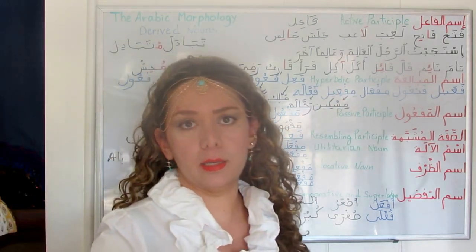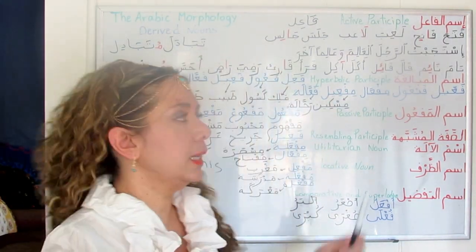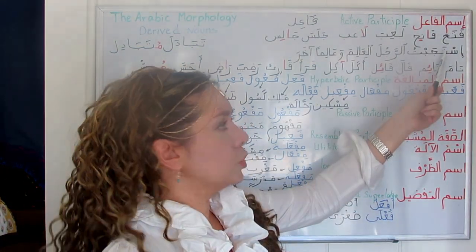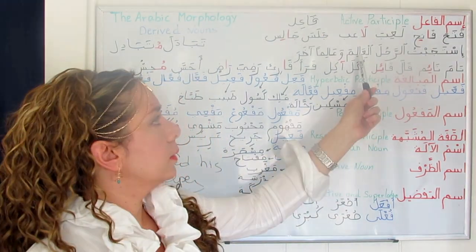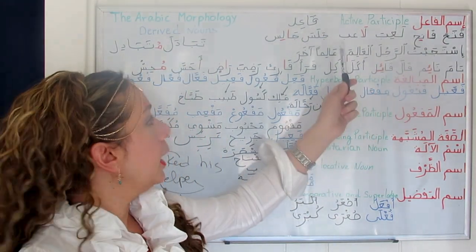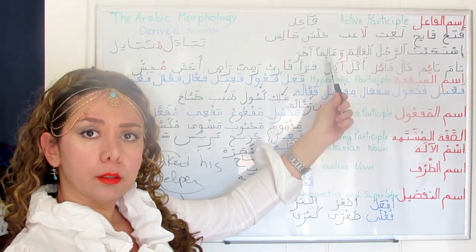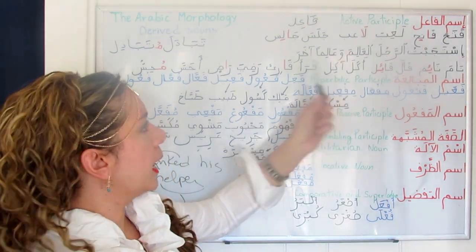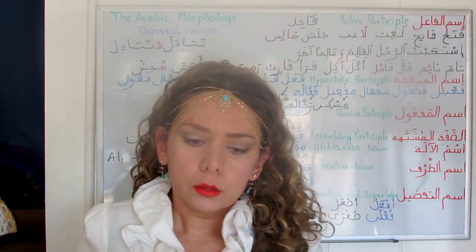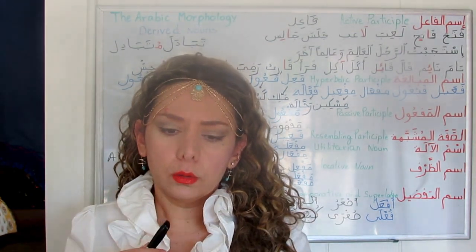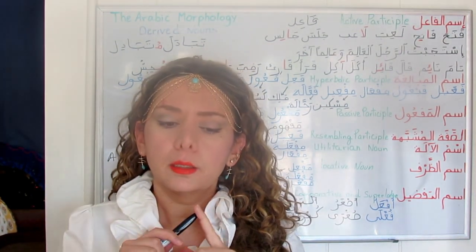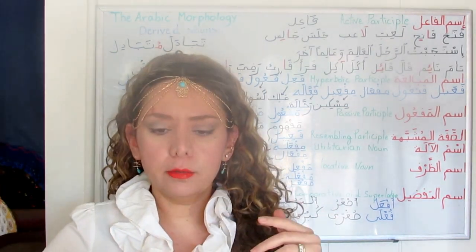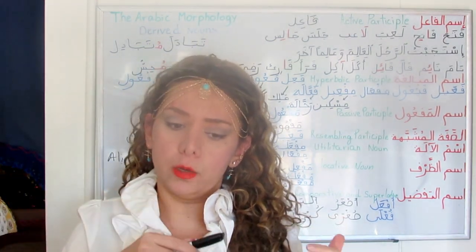It may act as an adjective as well as a noun. I interrogated, استجوبت, the knowledgeable man, الرجل العالم, and another scientist or scholar, عالم. So these nouns can be used, like I said, as adjectives and as nouns.